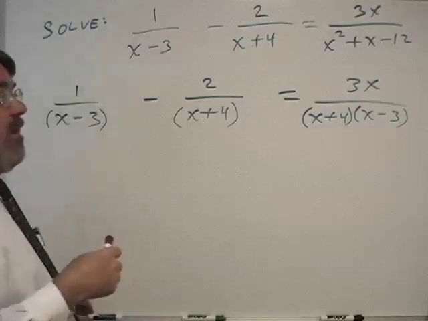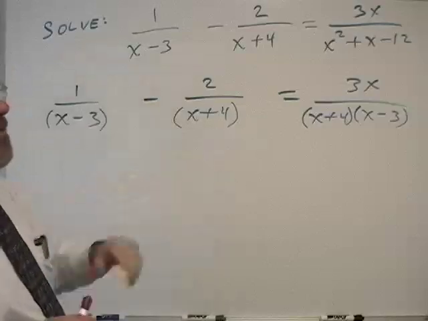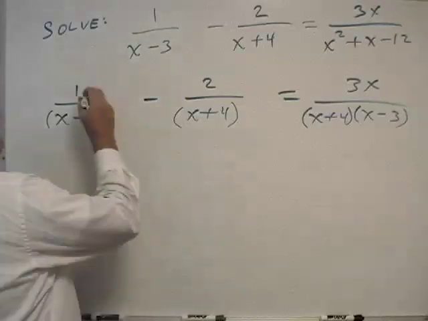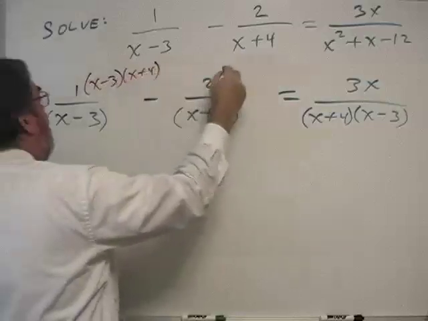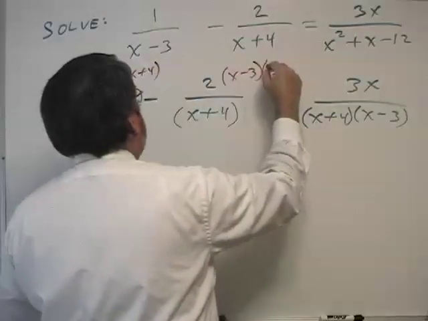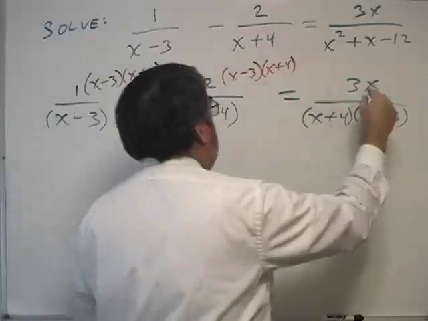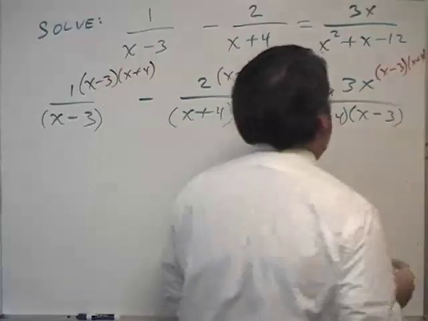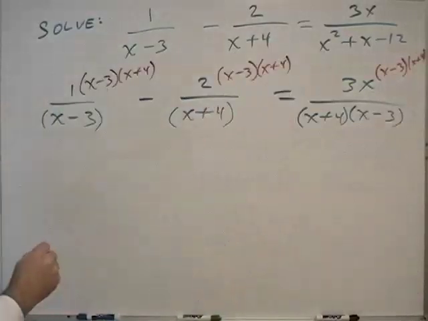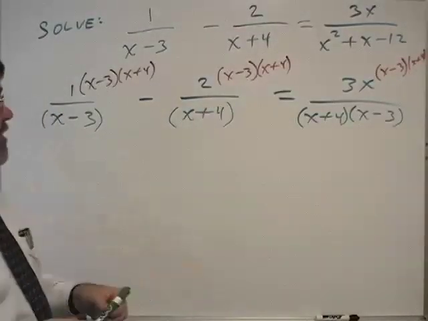I'm going to multiply each part of this equation by x minus 3 times x plus 4. So I'm just going to write these in here. And I'm just about out of room over here. But now let's see what happens.